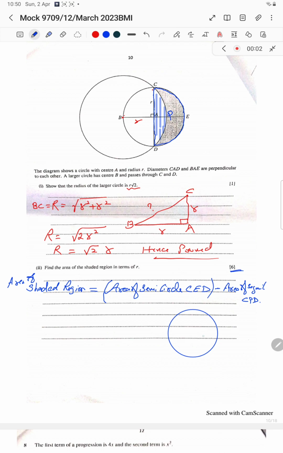Yes guys, I drew the small circle with center A, and this was the diameter, this is A, and here this was C, D, and this was a line joining BA.